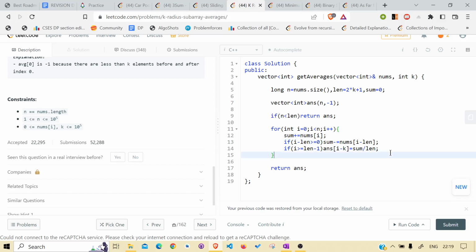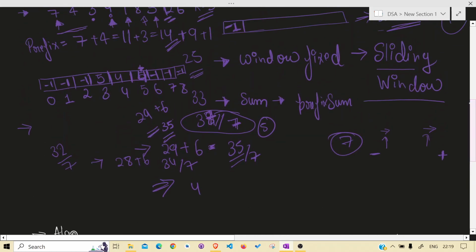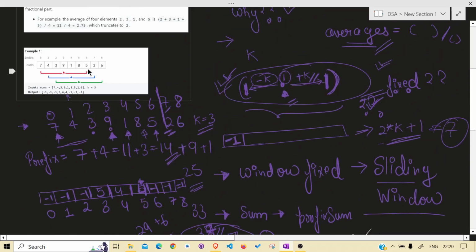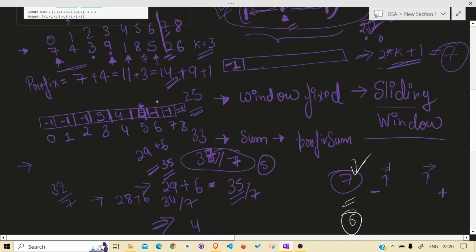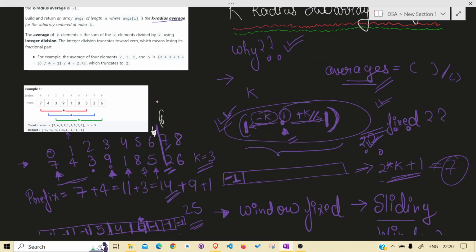What is happening over here: if size is 7, the index will be 6 when this condition will be satisfied. So that's why length minus 1. You can see over here the first time when the condition met, we were at index 6.